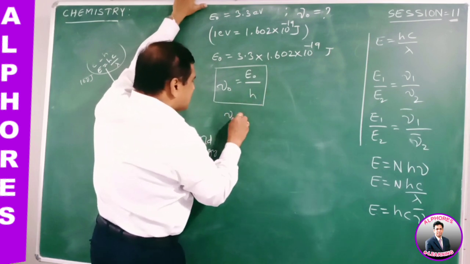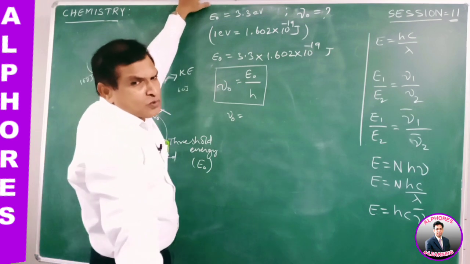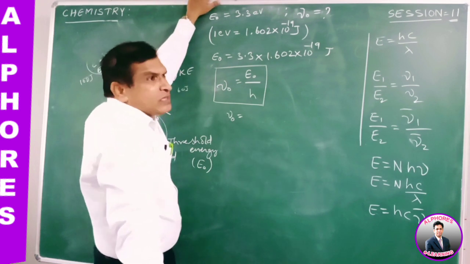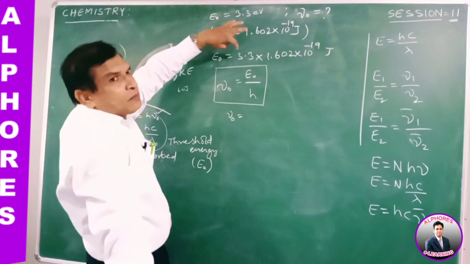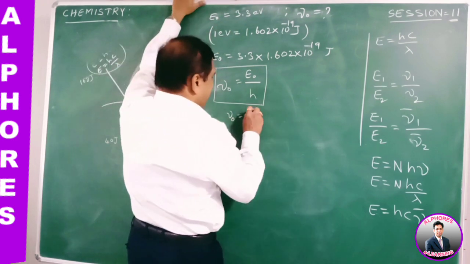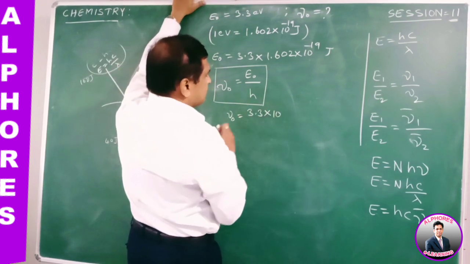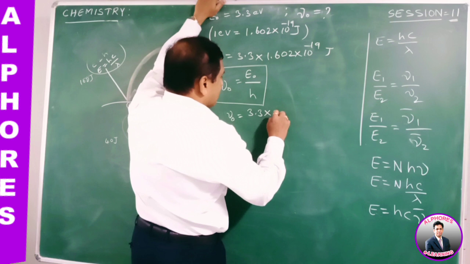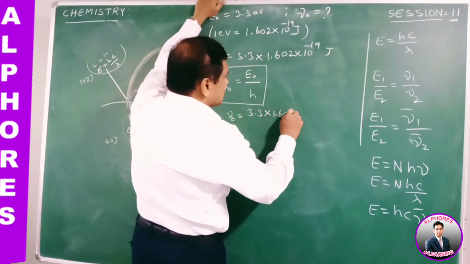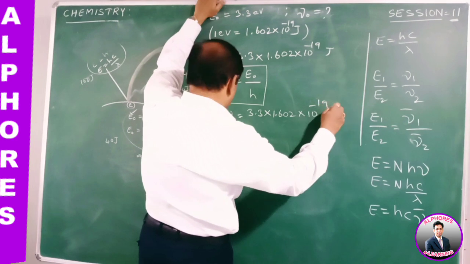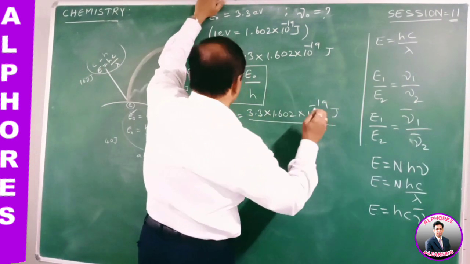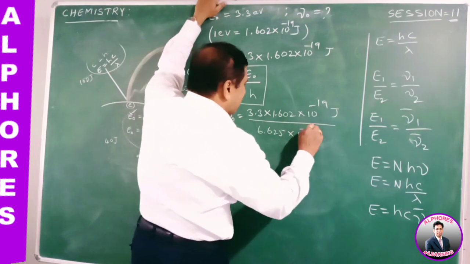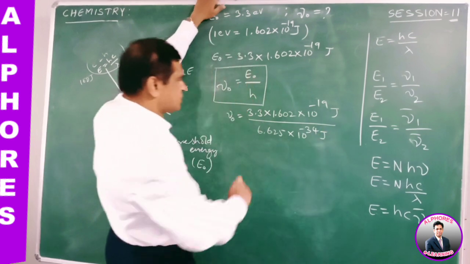So nu naught is equal to how much? E naught is already given as 3.3 into 1.602 in terms of joules, 10 to the power minus 19 joules, divided by h, Planck's constant value, 6.625 into 10 to the power minus 34 joule second.